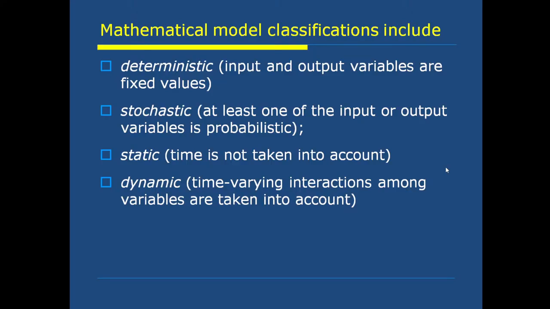Stochastic: at least one of the input or output variables is probabilistic. Static, don't confuse with statistics: static means time is not taken into account. And dynamic models, in which time-varying interactions among variables are taken into account.